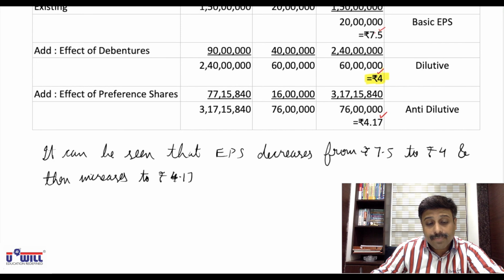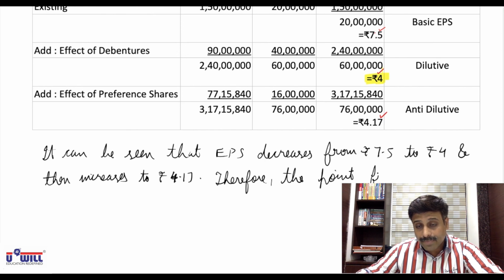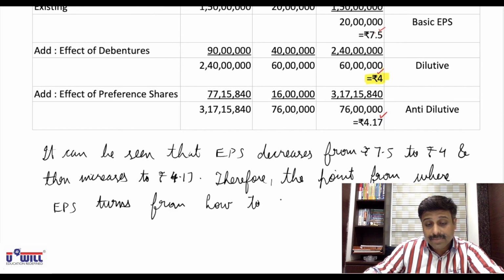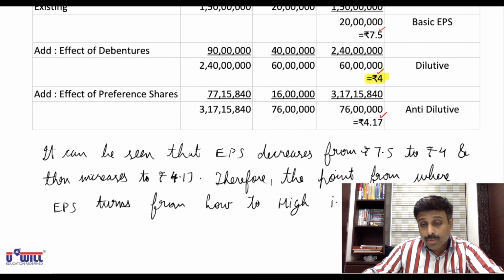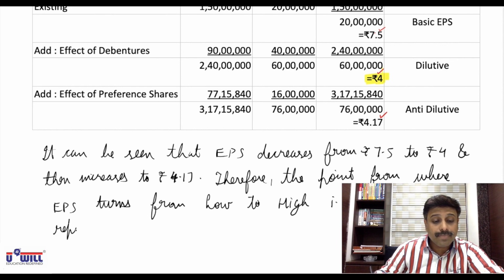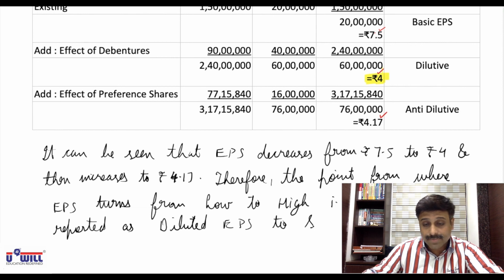Therefore, the point from where EPS turns from low to high, that is rupees 4, will be reported as diluted EPS to shareholders.